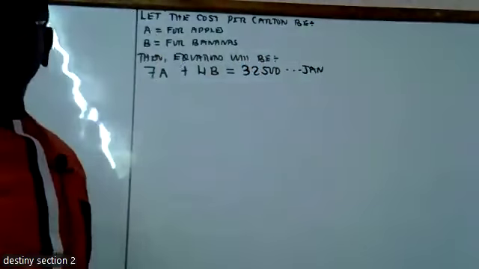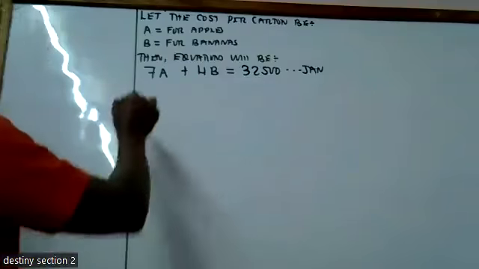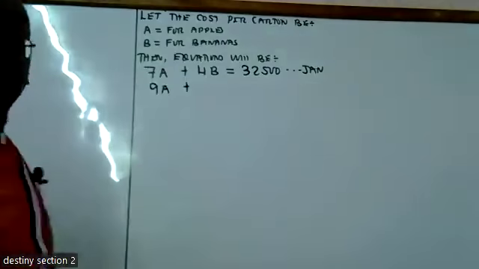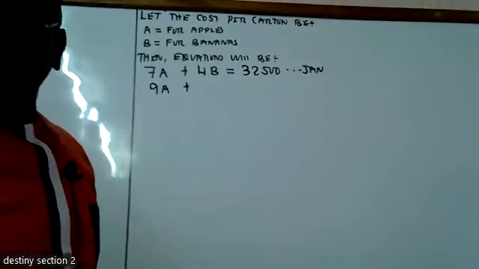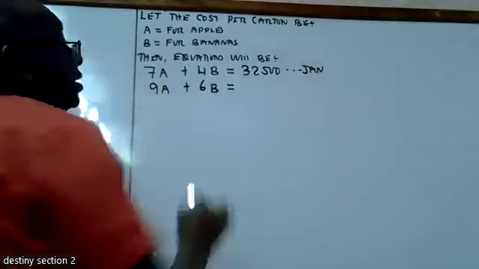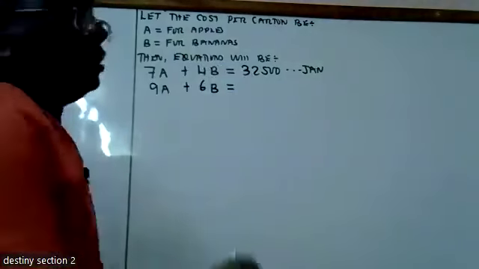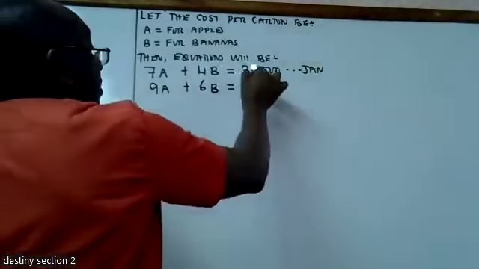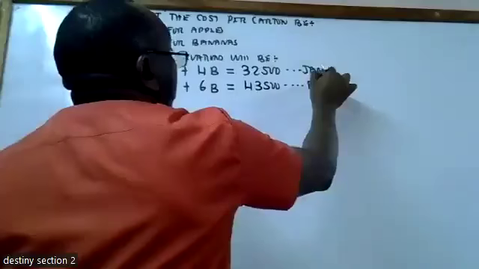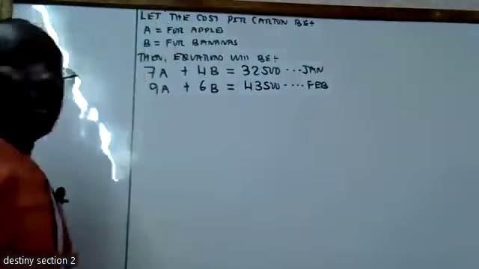In the second one, he purchased 9 apples. So 9A plus 6B, and this one is 43,500. That is in February.